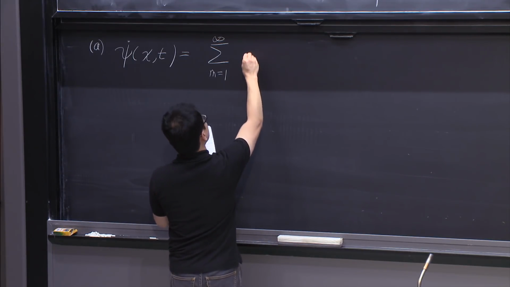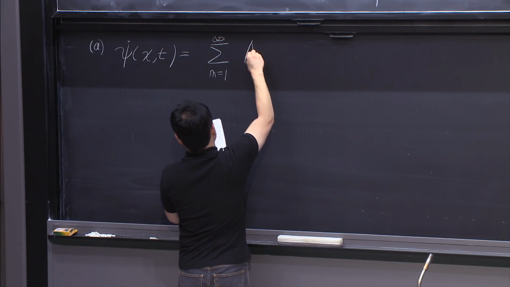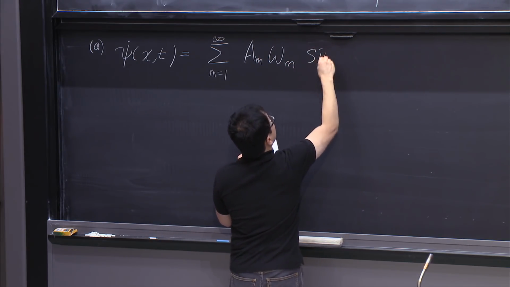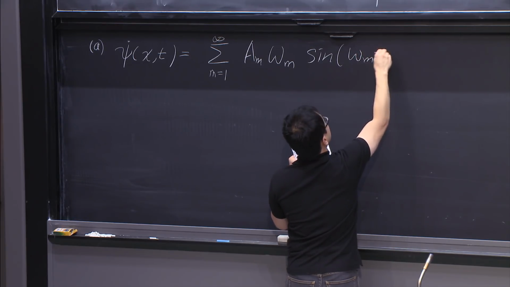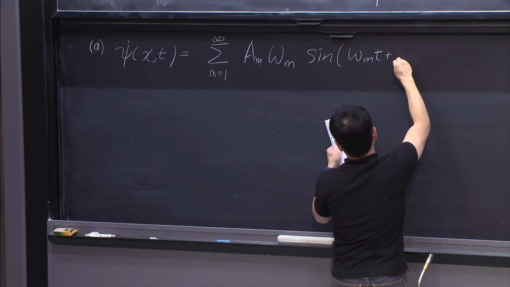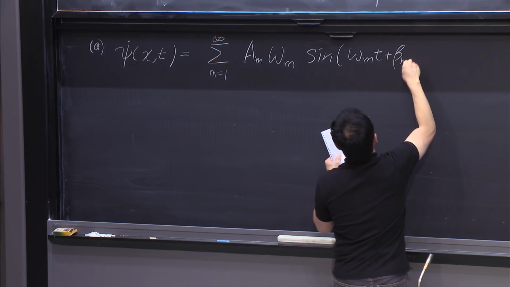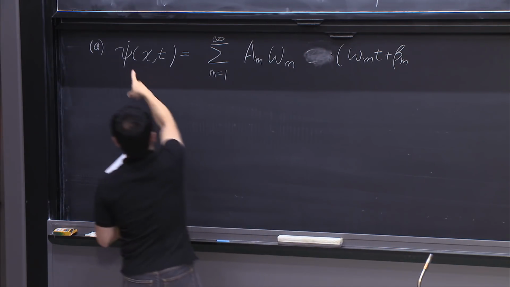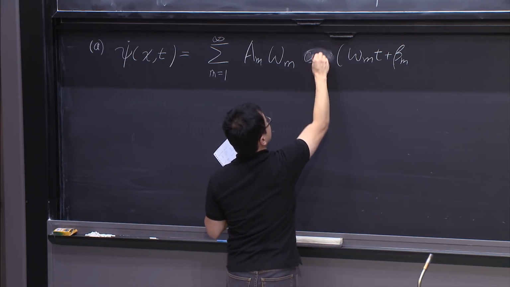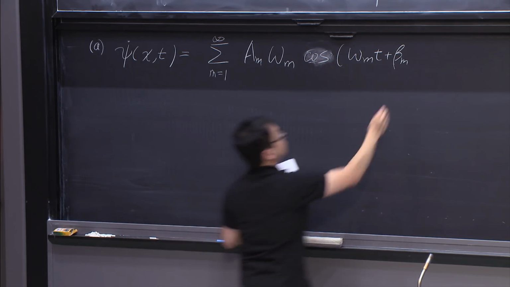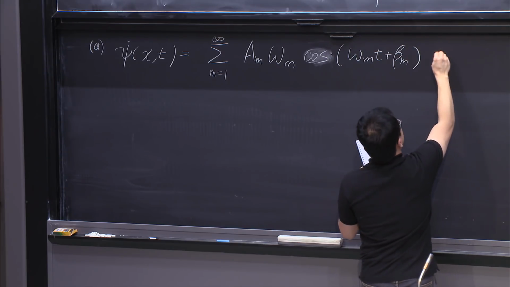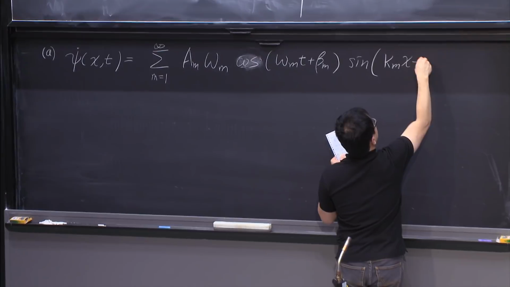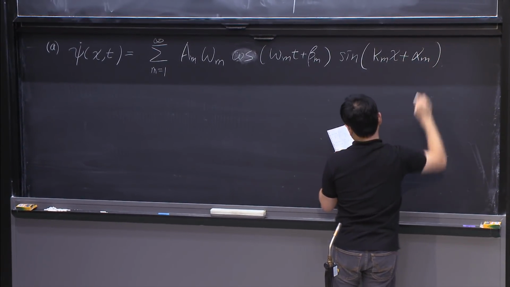So basically what I have is A_n omega_n sine omega_n t plus beta_n. Oh, this will become cosine, I'm sorry, because I'm doing a derivative, right? Psi dot, so this will become cosine, and the sine of k_n x plus alpha_n.